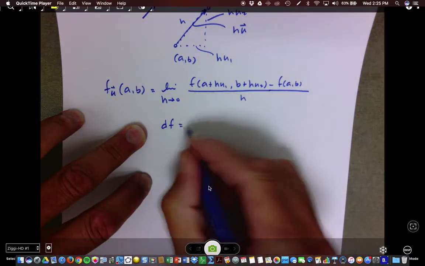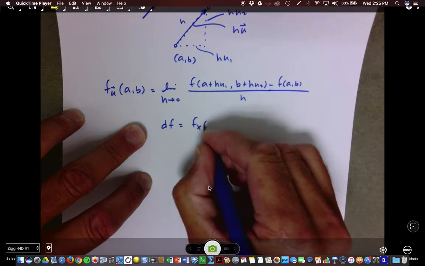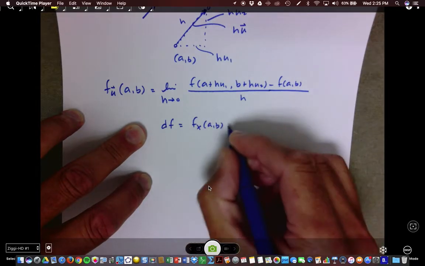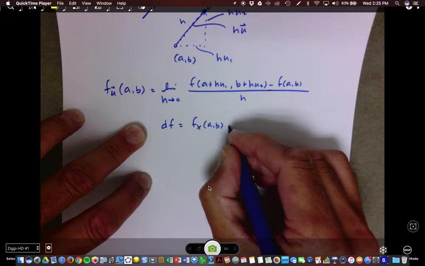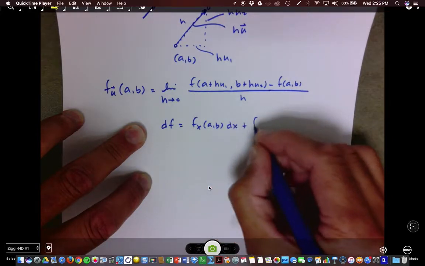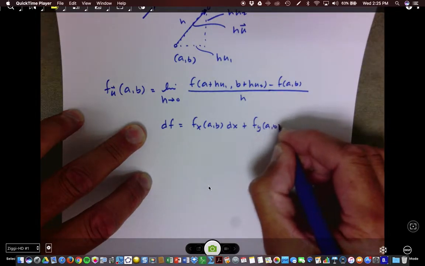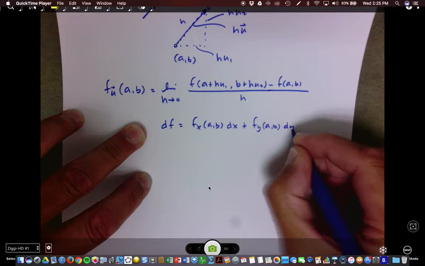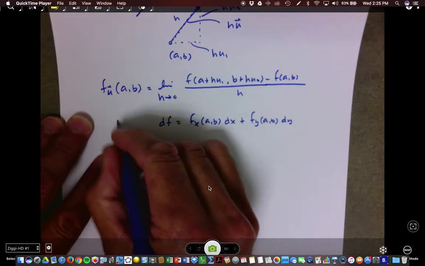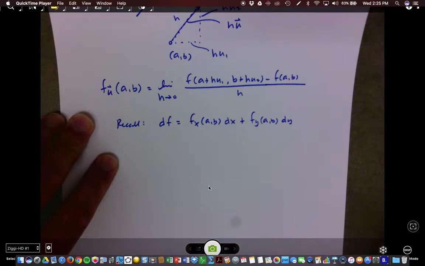And we said that this differential was the derivative with respect to x at (a, b) times a small change in x plus the derivative in the direction of y at (a, b) times a small change in y. Right? So recall that this is the case.